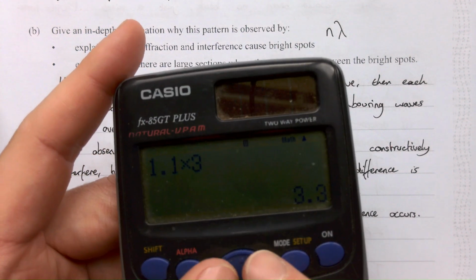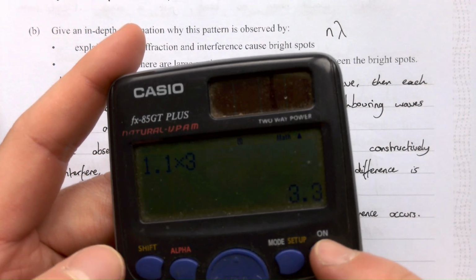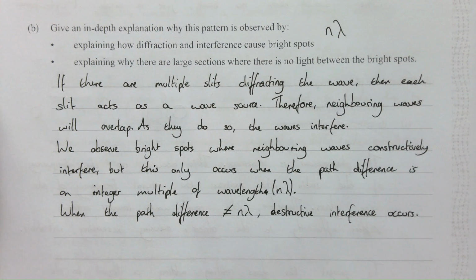With these numbers, only very close to the integers will there be constructive interference. And because there's an infinite amount of numbers between two integers, the vast majority of numbers will cause destructive interference.